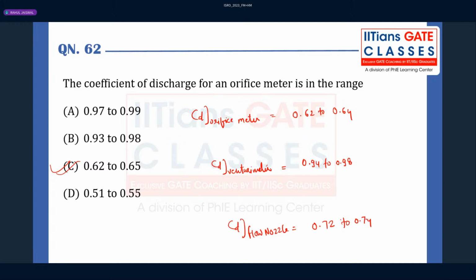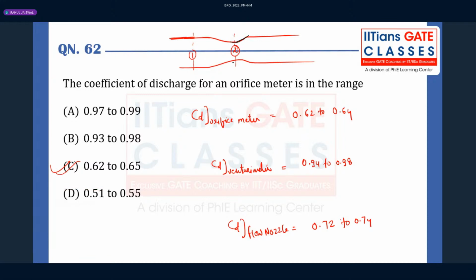Now you understood the values, right? When you see the venturimeter, there was a smooth transition between the converging section and the throat section, then the diverging section.